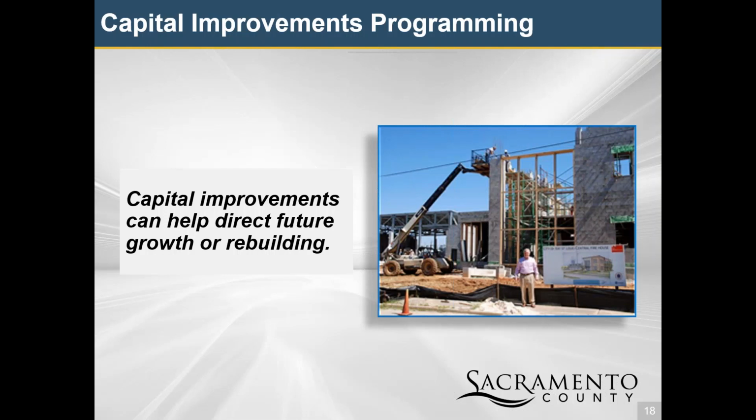Let's look at capital improvements. What is it? It can help direct future growth for rebuilding. Sometimes after a disaster, decisions will have to be made about repairing and replacing utilities, roads, bridges, and other infrastructure. Sometimes recovery and mitigation goals can be accomplished by consolidating, relocating, or eliminating these capital investments.